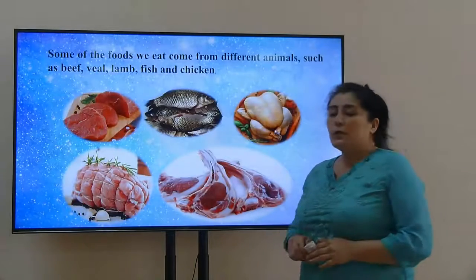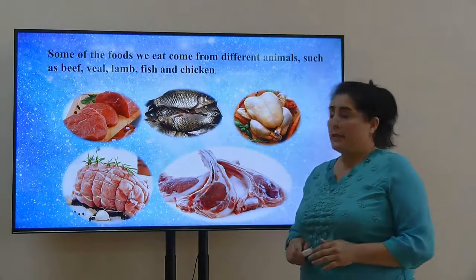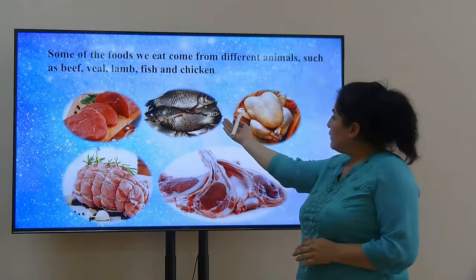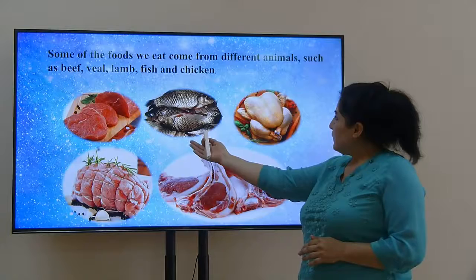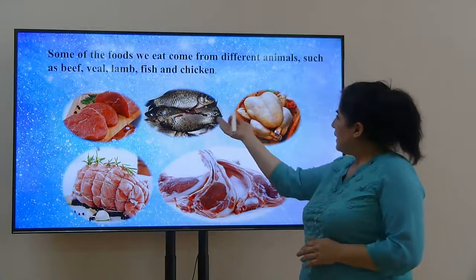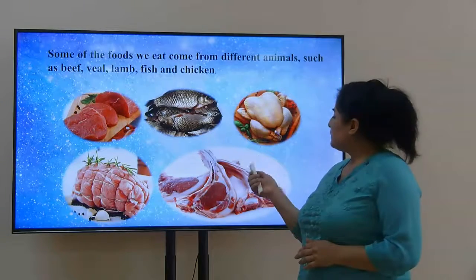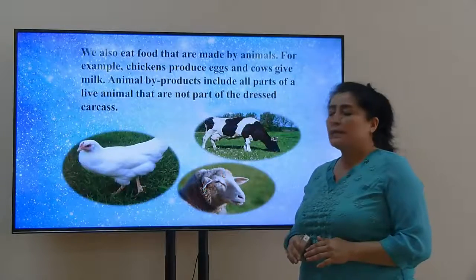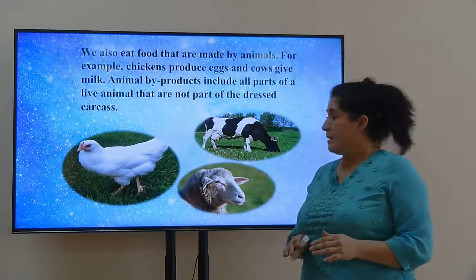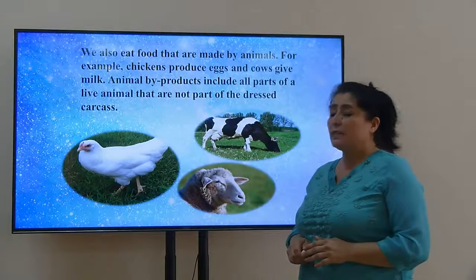We get some food from different animals, such as whale, fish, chicken, lamb and beef. Animals also give us different products. For example, chicken gives eggs.